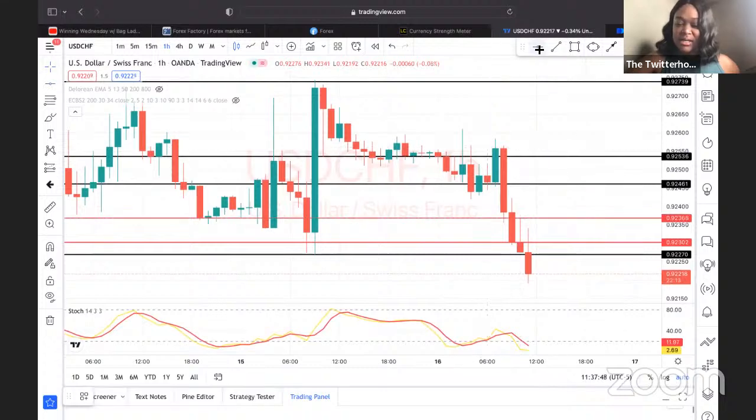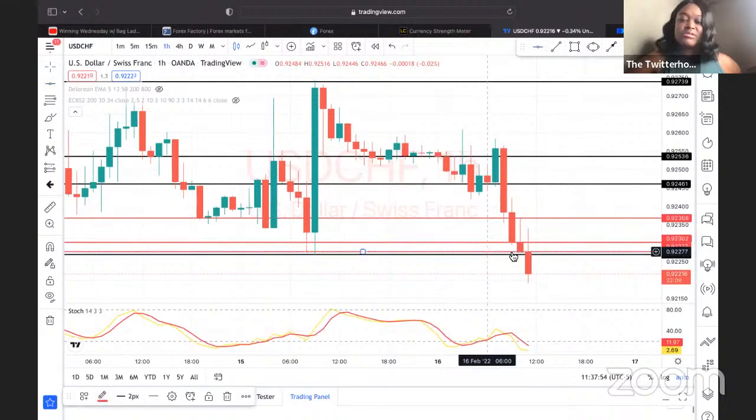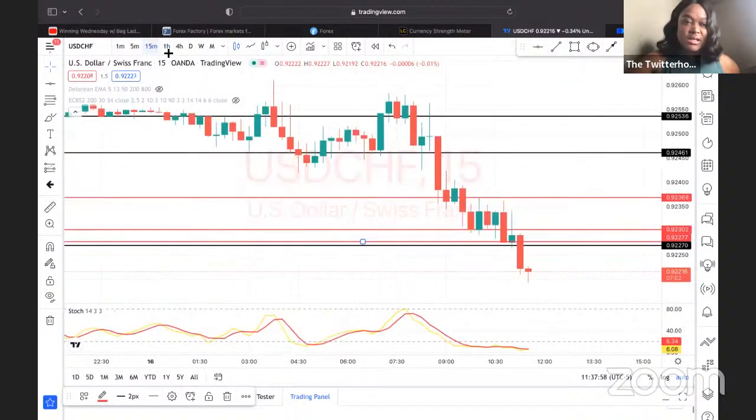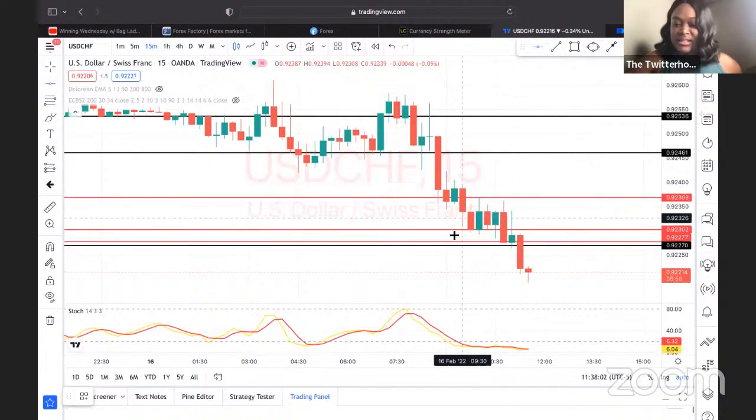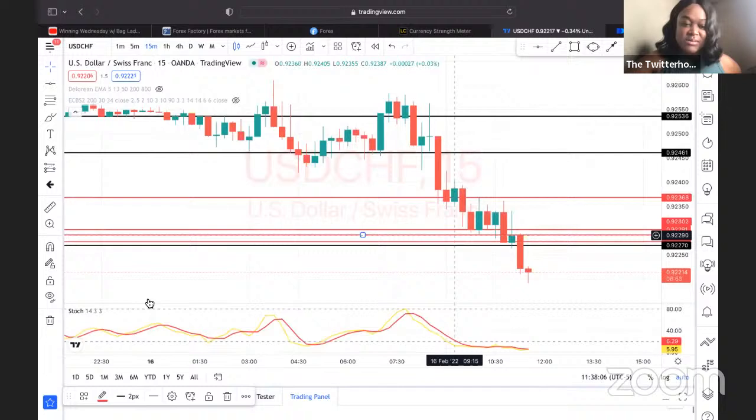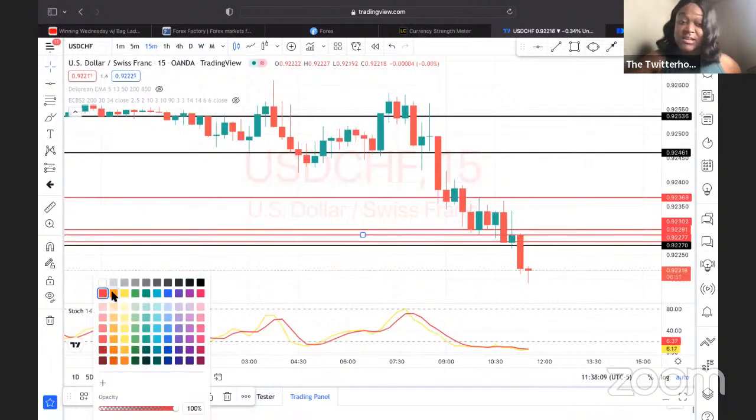And then the bottom of the candle, that's the floor or support. Then I go on the 15 minutes and I do the same thing. Yeah, it doesn't seem so exciting, but it makes me money. That's all I care about.